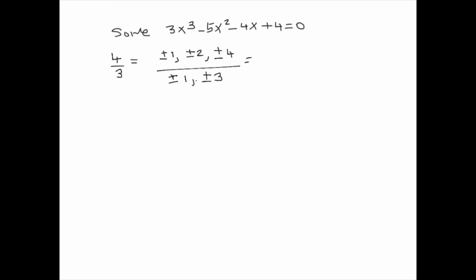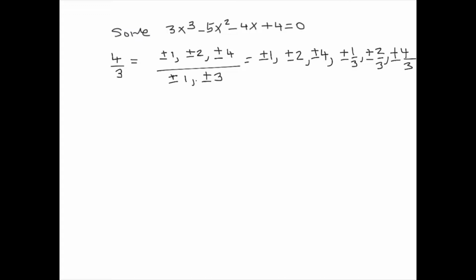So I divide 1 by 1, so I get plus or minus 1, and I'm also going to get plus or minus 2, plus or minus 4. I'm also going to get plus or minus 1/3, plus or minus 2/3, and finally plus or minus 4/3.